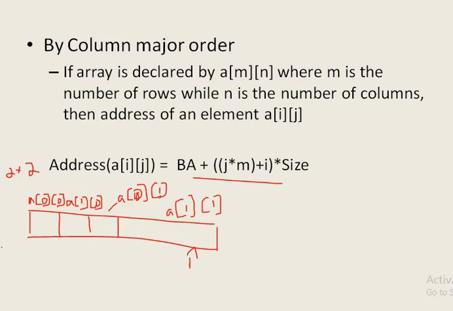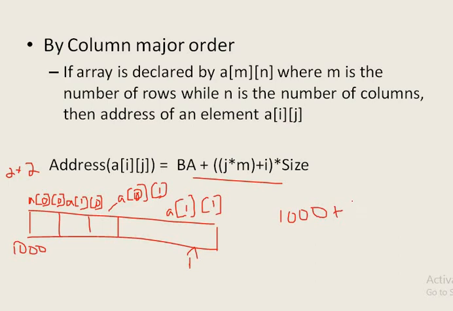Let the base address be 1000 itself. So the first element will be residing at the memory location 1000. So in order to find the location of the fourth element in this array, you can apply this formula: base address plus j into m. M here represents the number of rows.